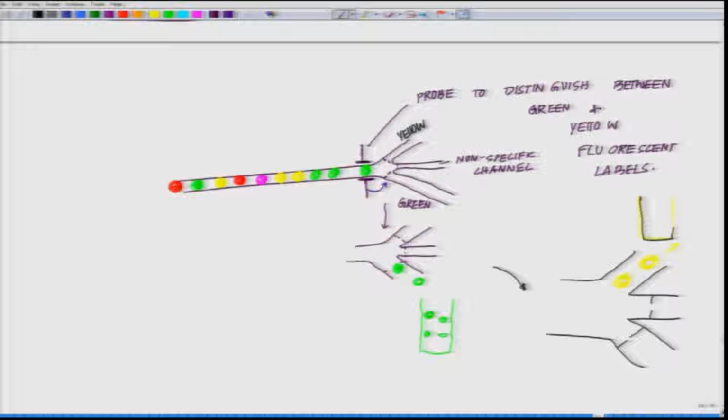So now from 5 cell types, you are slowly narrowing down to 2 different cell types. This is your fluorescent sorter, depending on how powerful your sorter is.